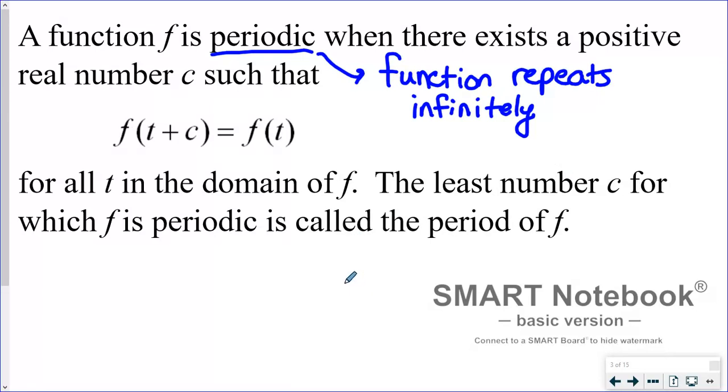Some of them have different periods, of course, which is the amount of time that it requires before they start repeating. We'll get into those a little bit today and more as we go on, especially when we talk about graphs of trigonometric functions. We'll get into that in a lot more detail then.